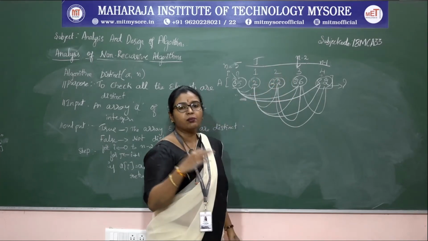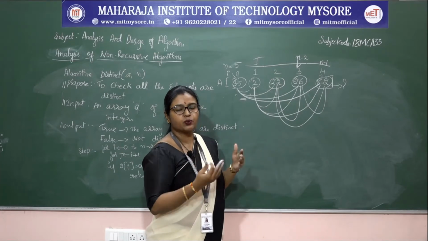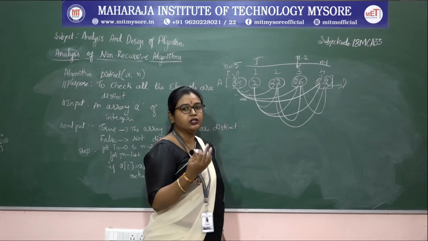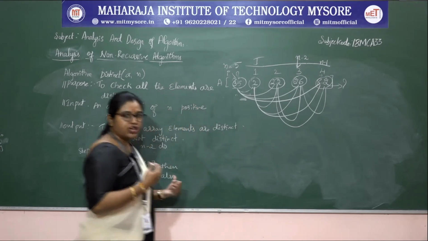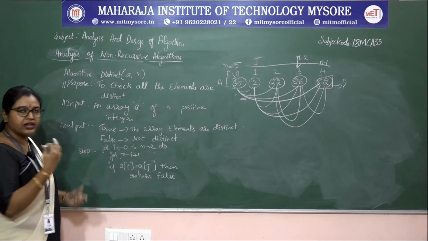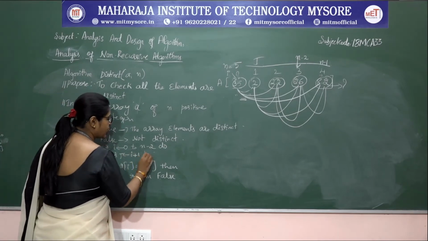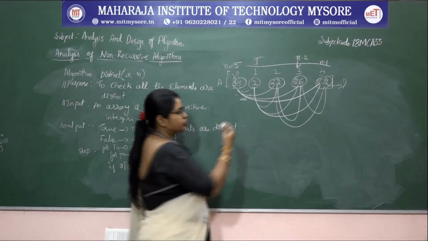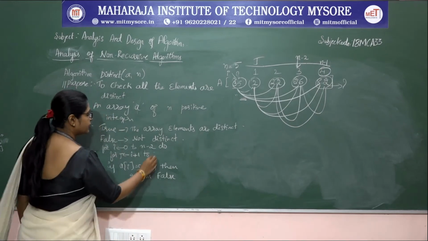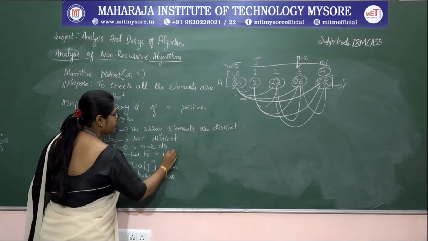That means 1 plus 1, 2 plus 1, 3 plus 1, like that. Based on the I value, we need to check with the j value. So j should be initialized to I plus 1, and the j comparison should go up to the last position, which is n minus 1.